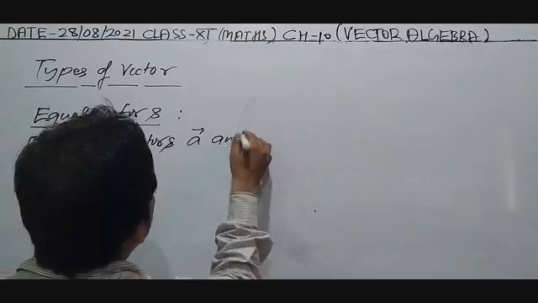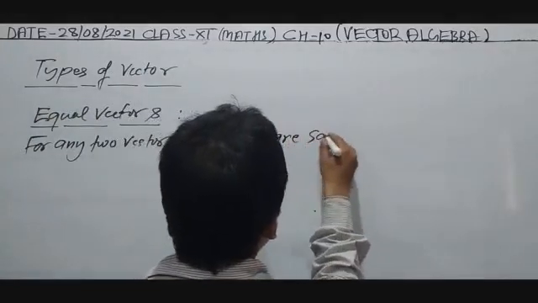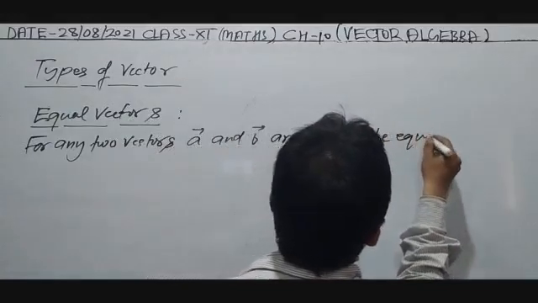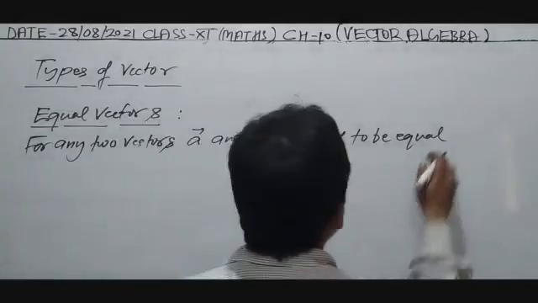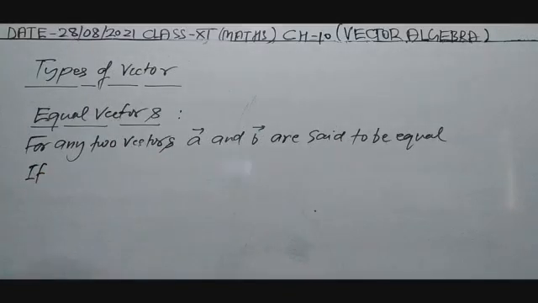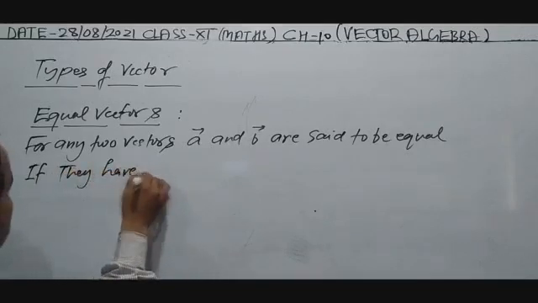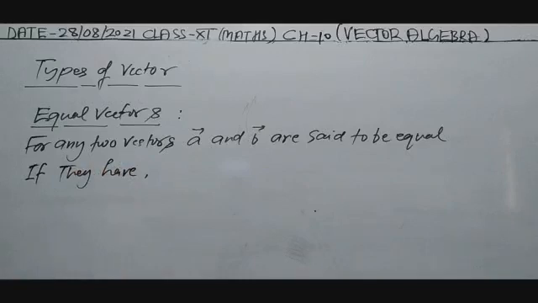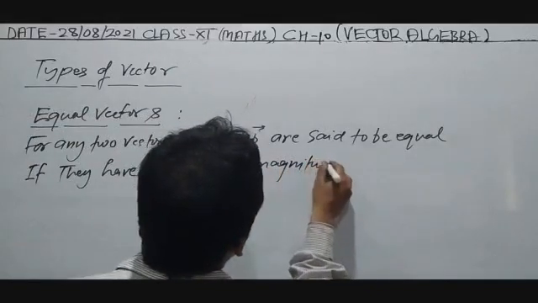Any two vectors, vector A and vector B, are said to be equal if they have the same magnitude, meaning the measurement should be the same.